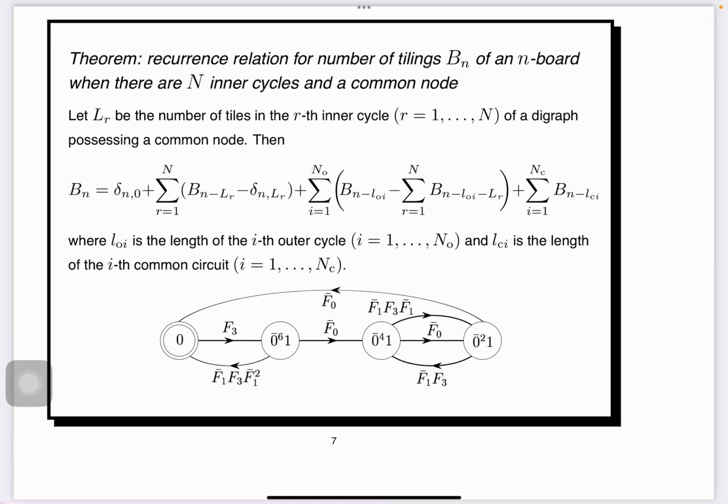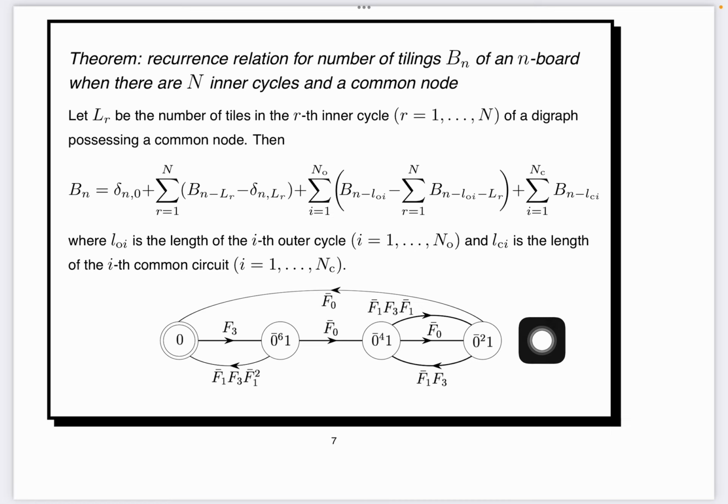So the main theorem we're going to use here is a rather compact result, considering how complicated things can get, and it gives us the recursion relation for the number of tilings. The quantities involved are just the lengths of the various things: lengths of the cycles, lengths of the outer cycles, lengths of the common circuits and so on.